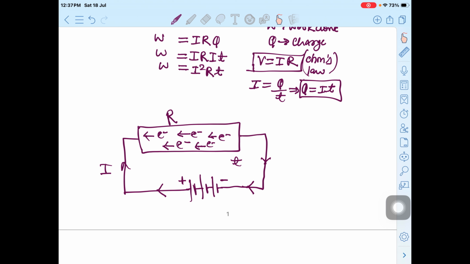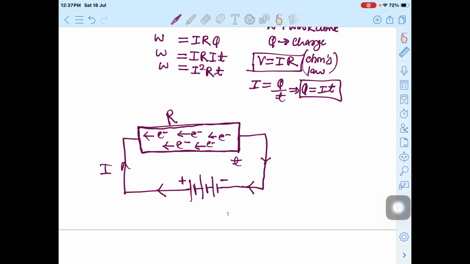During their drift, they collide with the atoms of this thick wire conductor, and when they collide, they transfer their kinetic energy to the atoms. When the kinetic energy is transferred to the atoms, the atoms start vibrating, and due to their vibration, the temperature of this conductor rises, and due to which heat is generated inside this conductor.